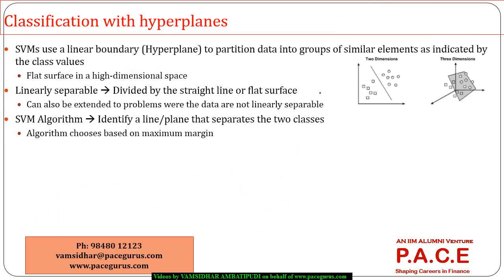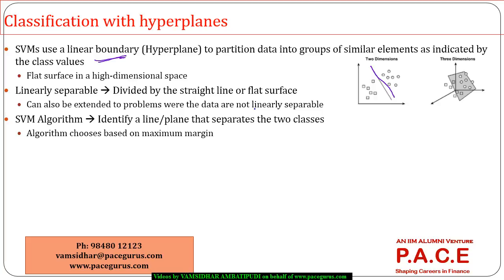Now, this is how binary classification typically works. It's a line that I am drawing between the variables, or if I have multiple features, instead of a line, I am drawing a plane. So SVM is actually using a linear boundary. In two dimensions it is a line, in multiple dimensions it's a plane.